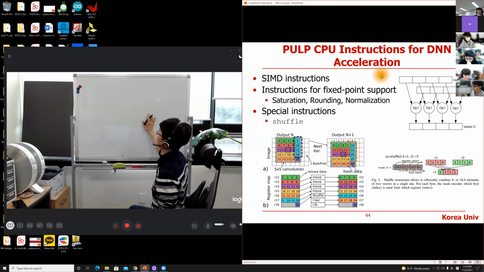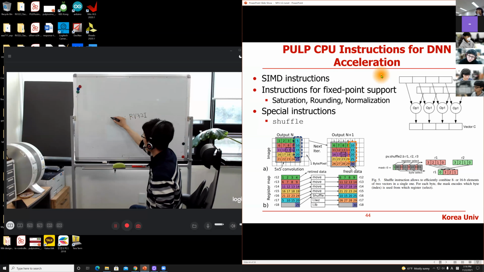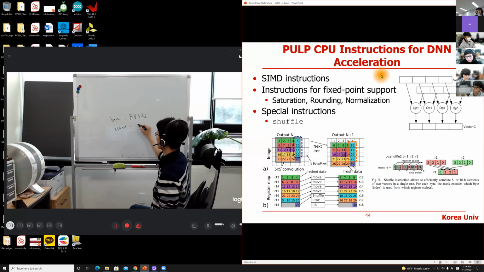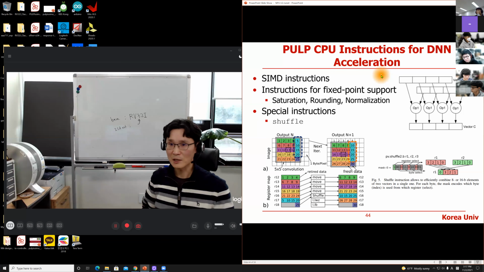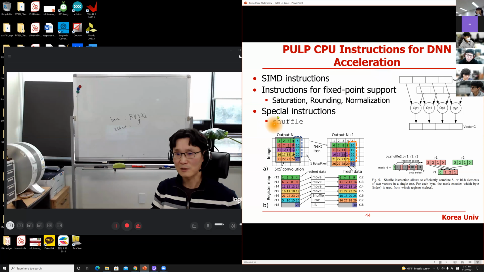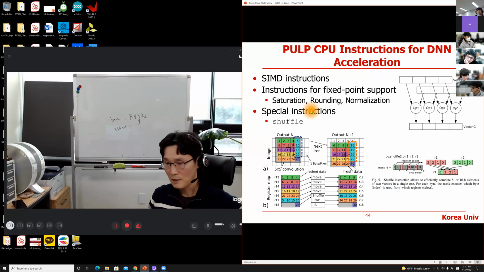It provides a base instruction set called RV32I, and you can add any extension, your own ISA extension, to this RV32I. And for extension, they implemented special instructions for DNN acceleration, for example, shuffle.